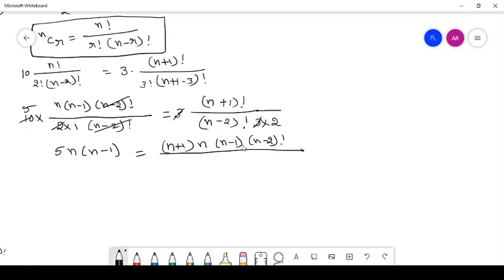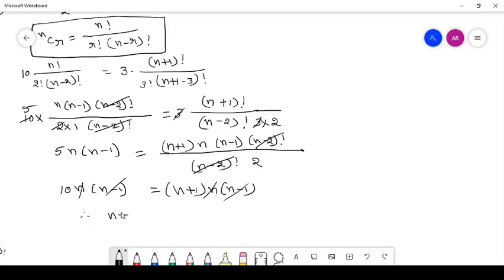Then (n minus 2) factorial by (n minus 2) factorial into 2 will be cancelled. Next, 2 fives are 10. By cross multiplication, 10 into (n minus 1) is equal to (n plus 1) into n into (n minus 1). Here (n minus 1) and n will be cancelled.